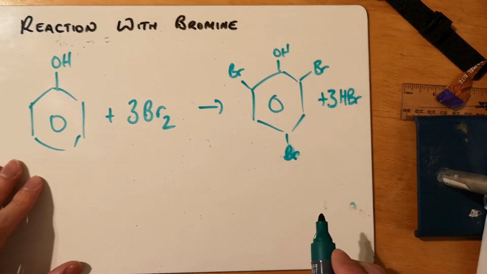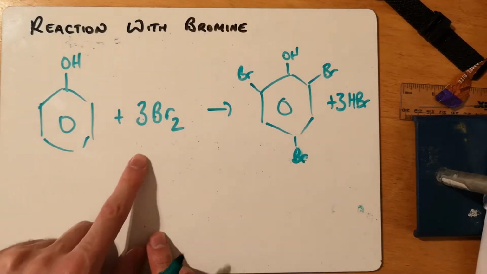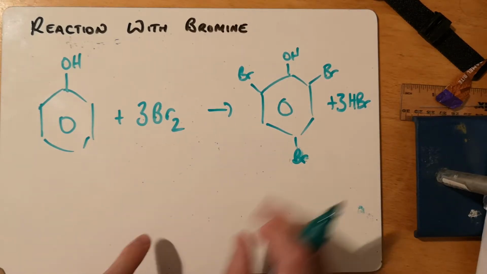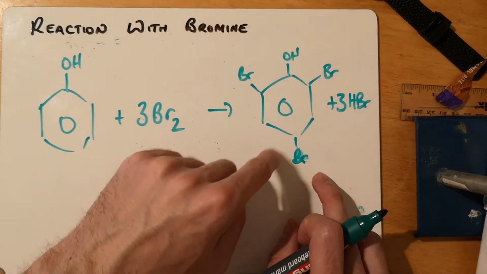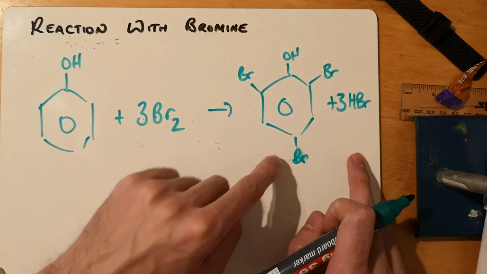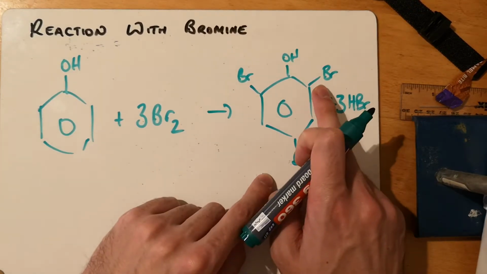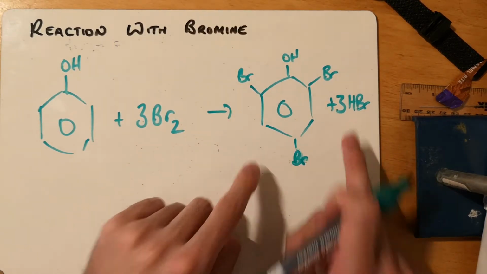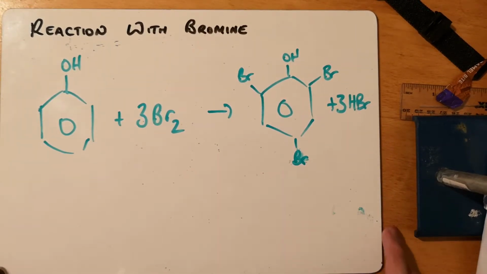So we're going to get 3 of those. One bromine molecule, so that's 2 bromines covalently bonded together, forms one bromine getting attached on and a HBr. Second one, another bromine attached, another HBr, and the third one, final bromine attached and a third HBr.